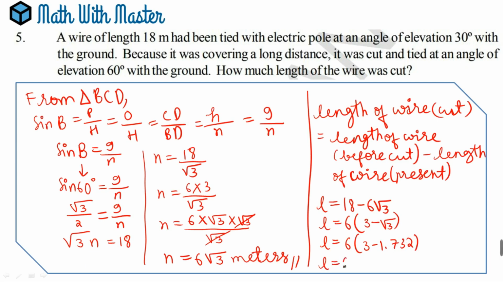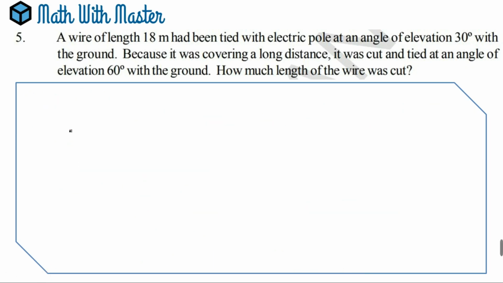So this is equals to 6 into, not 2 point, it will be 1.268, and after multiplying, L is equals to 6 into 1.268.